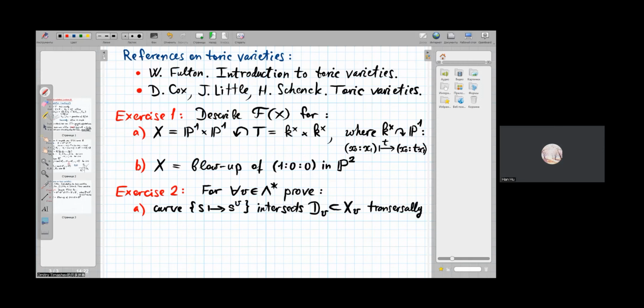This parameter S is a multiplicative parameter. It belongs to K cross, but you can tend S to infinity, and so the limit point, when S equals infinity, will be not in the torus, not in the open orbit, but on the boundary divisor. So the exercise is to prove that this curve intersects the boundary divisor transversally at S equals infinity.